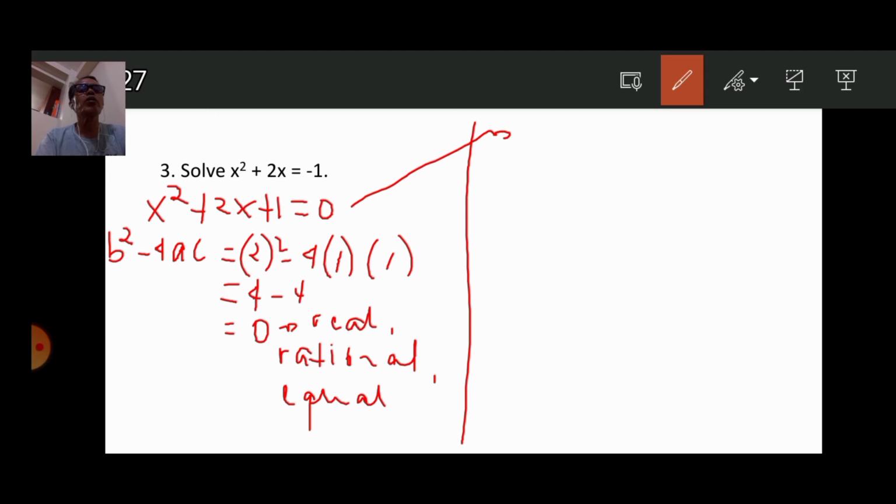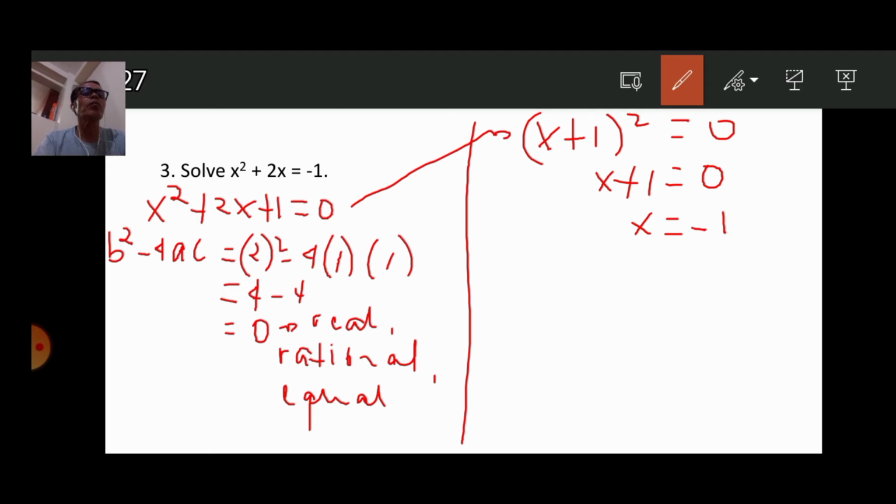So the square root of x squared is x plus the square root of 1 is 1, quantity squared equals 0. Equate the factors to 0, you will have x plus 1 equals 0. Solving for x, you will have x equals negative 1. Therefore, x sub 1 equals negative 1 and x sub 2 equals negative 1.